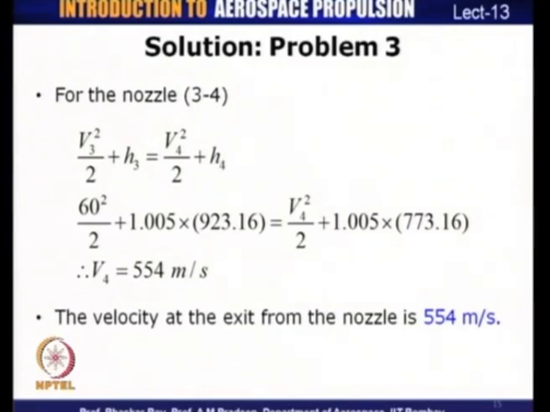So, from this we can calculate the velocity at the exit of the nozzle. Velocity at the exit of the nozzle comes out to be 554 meters per second.